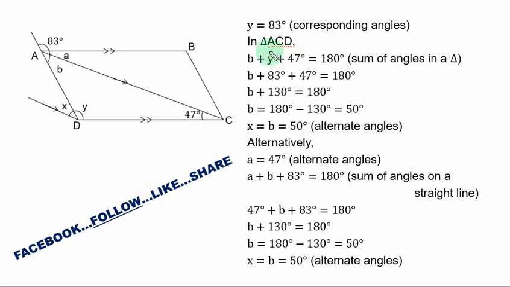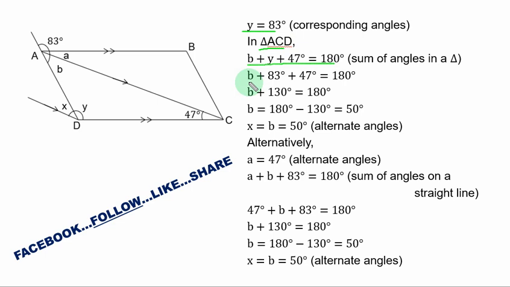From the figure, y is equal to 83 degrees, corresponding angles. Now that y is known, you can get b by considering triangle ACD. If you add the three angles in that triangle, the sum is 180 degrees.